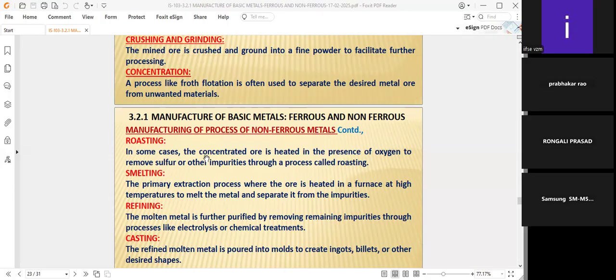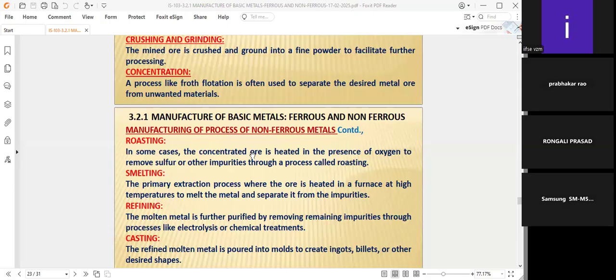If sulfide ore is not there, go for froth flotation. If sulfide ore is there, go for roasting. Roasting means heating. In some cases, the concentrated ore is heated in the presence of oxygen. You have to send oxygen, heating the powder from the crushing and grinding, heating with oxygen. Therefore, in the form of impurities, sulfur is there.